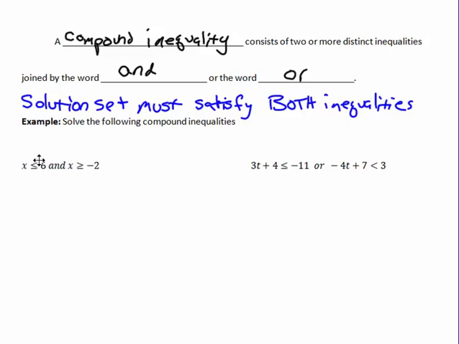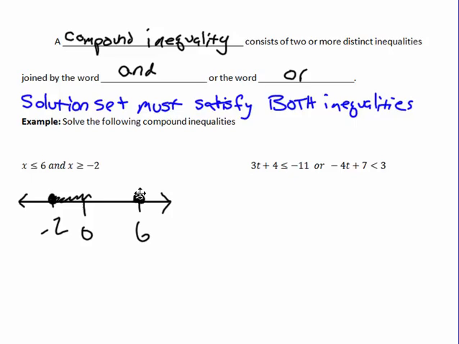Okay, so here I have x is less than or equal to 6 and x is greater than or equal to -2. Well, we get our number line out. Here's my 0. Here's my -2, and over here somewhere is 6. And here I have less than or equal to 6 and greater than or equal to -2.